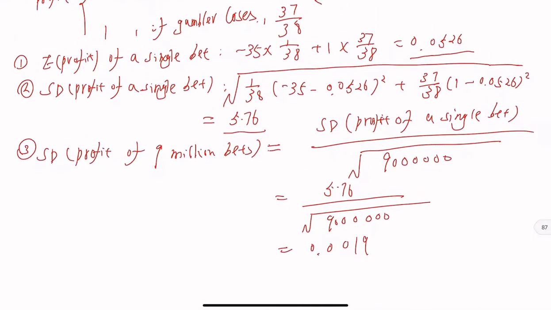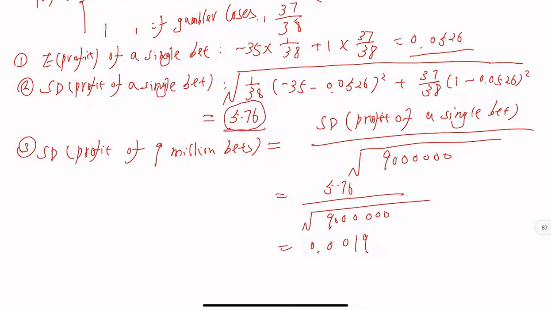Now, if you compare this number and this number, you can see that if the casino has a lot of customers, and if the customers make a lot of bets, in this case 9 million bets, the risk of this expected profit decreases from 5.76 for a single bet to almost zero for 9 million bets, right? What's the implication here? It says that for this casino business, it could enjoy almost risk-free profit if it has a lot of customers.